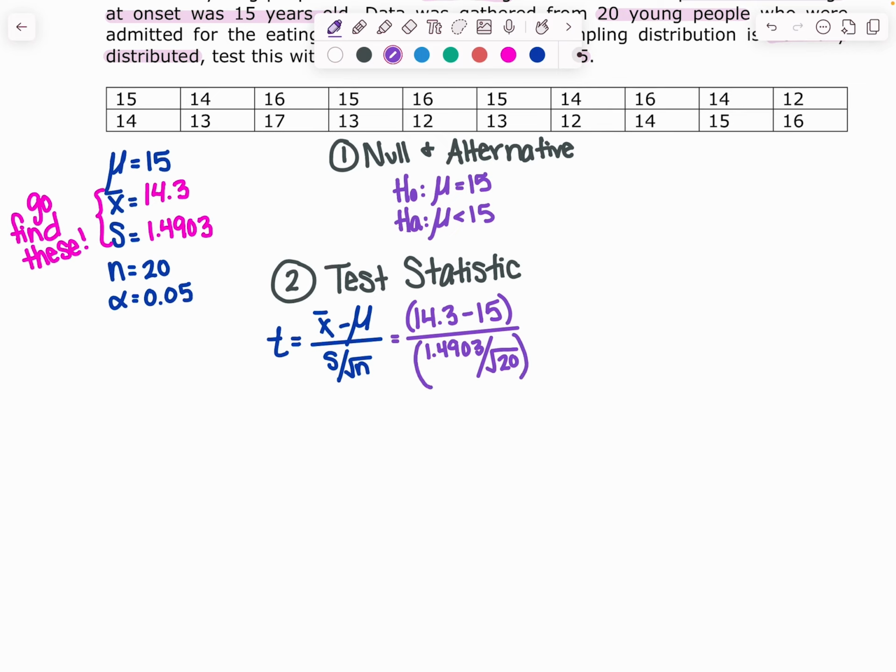Throw parentheses around the top and the bottom so we can do this all at once and we minimize rounding error. So I get negative 2.101 when I round that.